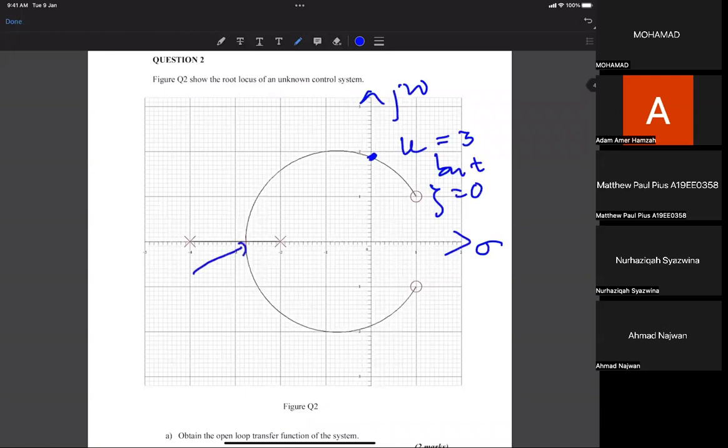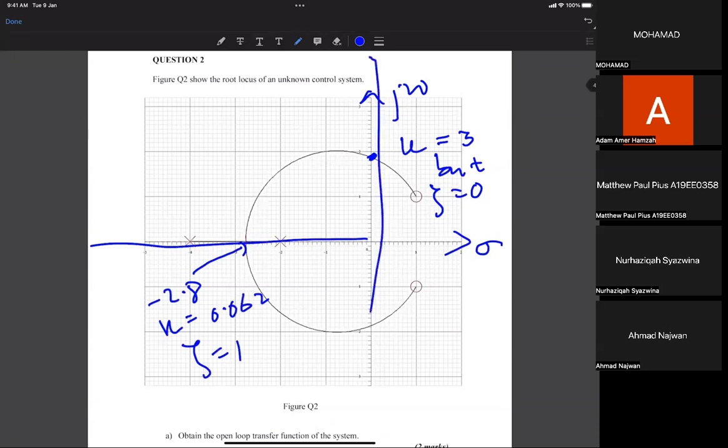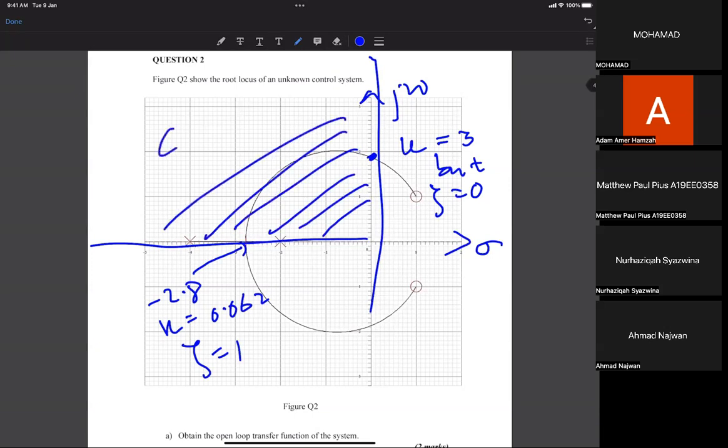But here, at minus 2.8, which will give you the k value roughly about 0.062, zeta equals 1. So damping ratio and gain are not the same. At this axis zeta equals 1, at this axis zeta equals 0. How about the shaded one? The shaded region is where zeta is between 0 and 1.